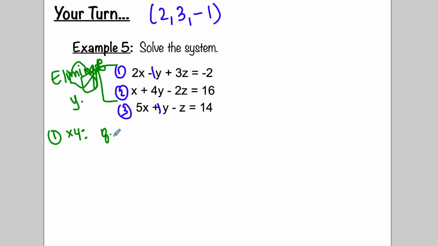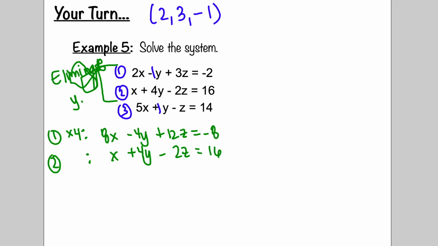So I have 8x minus 4y plus 12z equals negative 8. Then I'm going to rewrite equation 2, and it's going to stay exactly as is. So I have x plus 4y minus 2z equals 16.